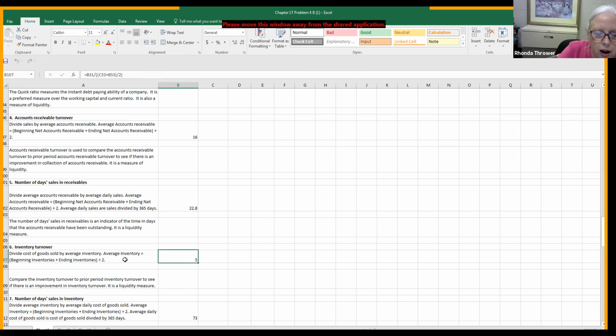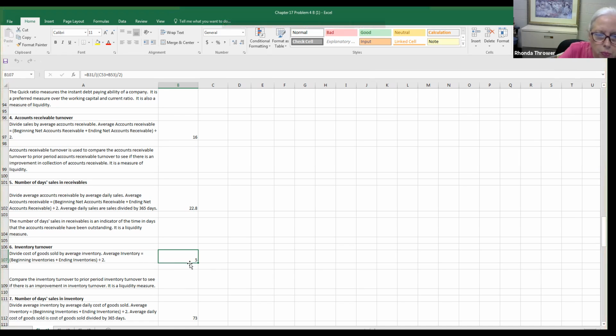That will give us our average inventory. You take the average inventory and divide it into the cost of goods sold, and that will give you the inventory turnover. Our inventory turnover should be compared to what happened last year to see if there's an improvement. It is also a liquidity measure.